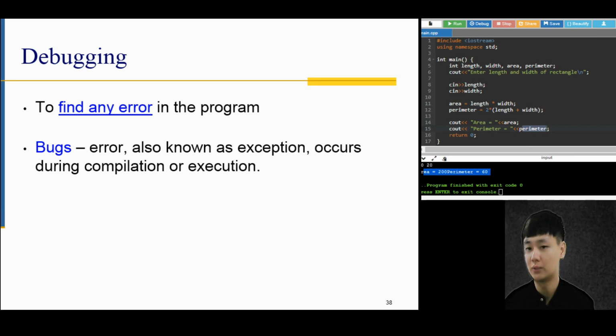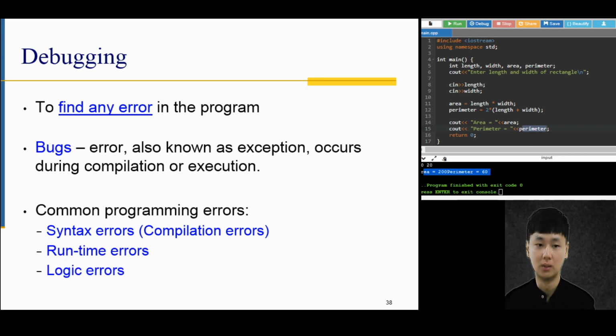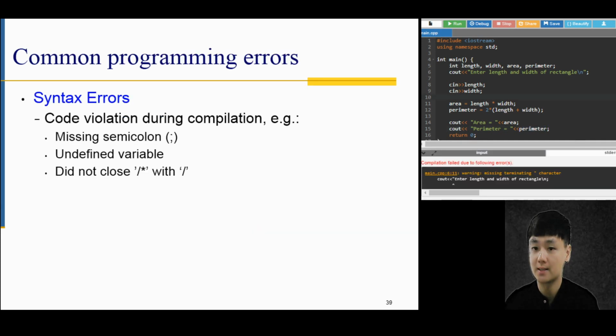Okay, so there are 3 common errors in programming: syntax errors, also known as compilation errors, runtime errors, and logic errors. A syntax error is a code violation during the compilation process. It means that you didn't follow the grammar rules set by the particular programming language.